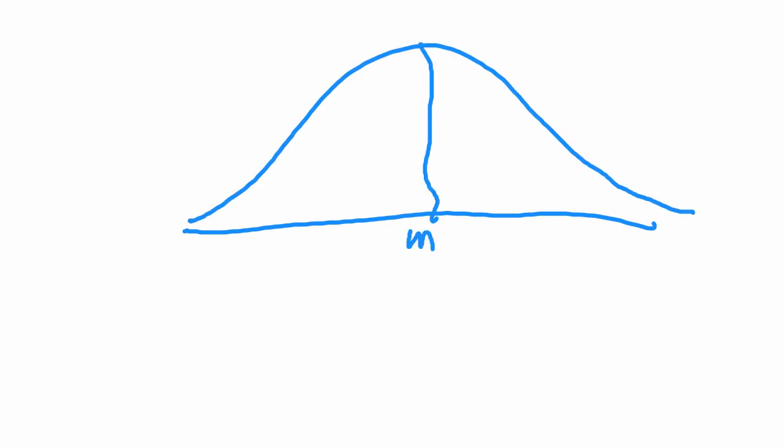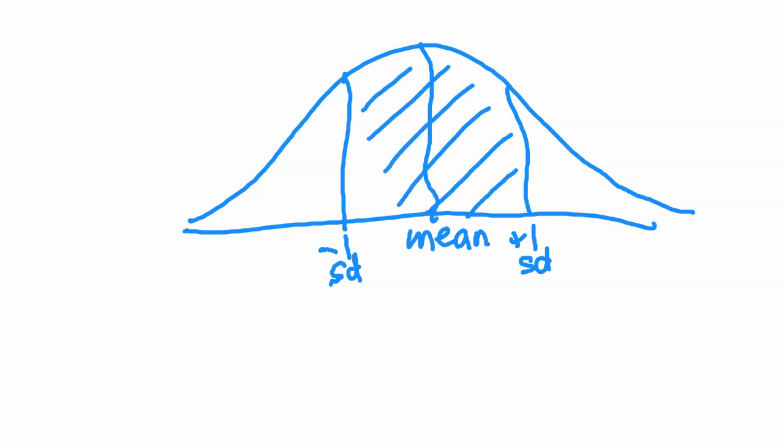Let me say that if we have a normal distribution, we know it's bell-shaped, and the mean is always in the middle. I can't really write well on the screen, but I think rough pictures will be fine. The mean's always in the middle, and if we go to the left 1 standard deviation and to the right 1 standard deviation, that's 68%.